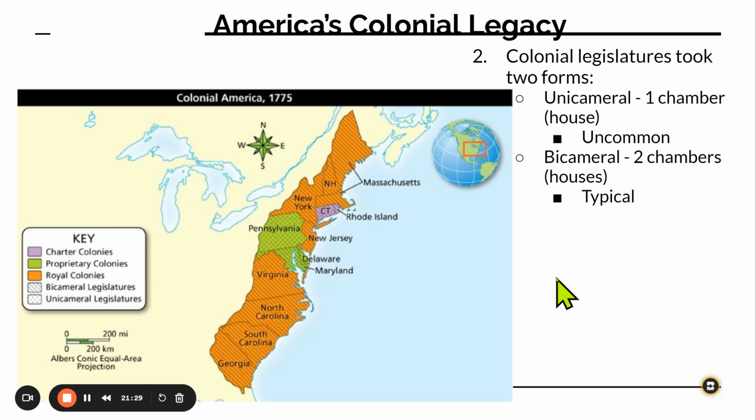The others are all bicameral, which means two chambers or two houses. And in addition to that being the typical form of legislature, typically that legislature would have an upper and a lower house.